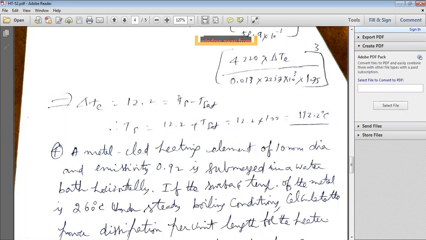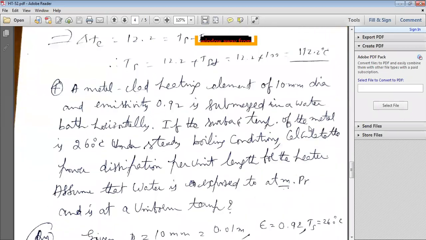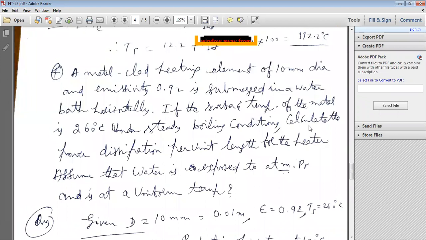Saturation temperature is 100 degrees centigrade at atmospheric pressure. So Ts is equal to 12.2 plus 100, that is equal to 112.2 degrees centigrade. Like that, these problems are very easy, but only thing is you have to practice some problems.